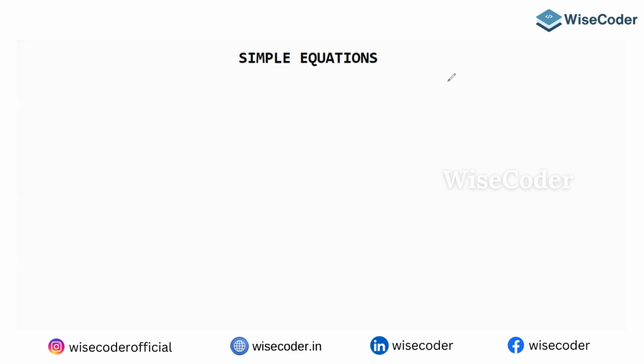Also, 4 times the numerator is 1 more than the denominator. So if you multiply your numerator by 4, that will become 1 more than the denominator. Find the fraction.